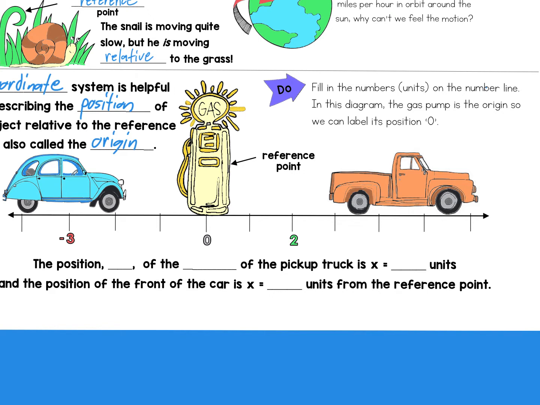We can label its position 0. Now, pause the video and label the number line. The position X of the front of the pickup truck is at positive 6 units, and the position of the front of the car is at negative 2 units from the reference point.